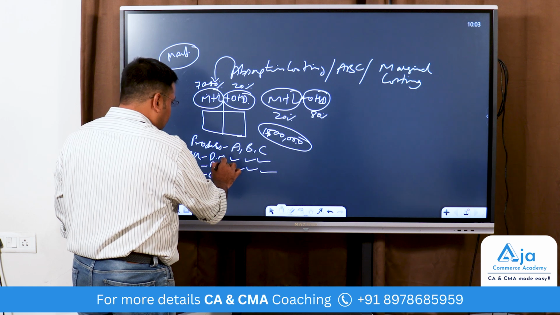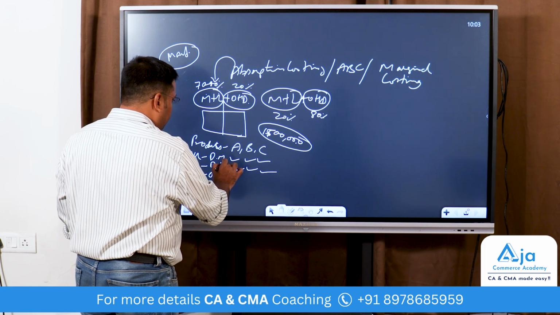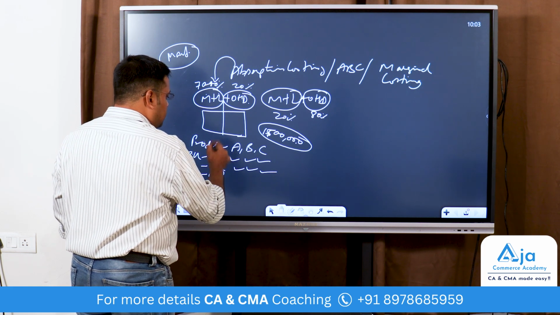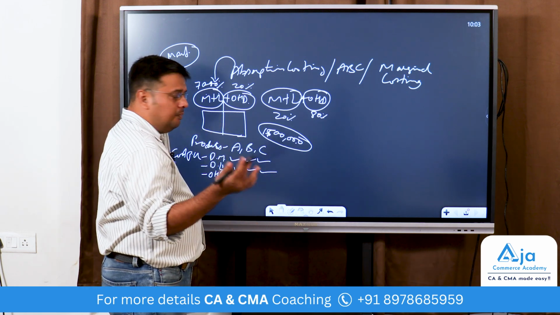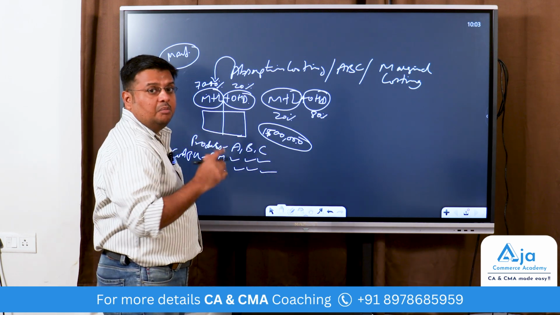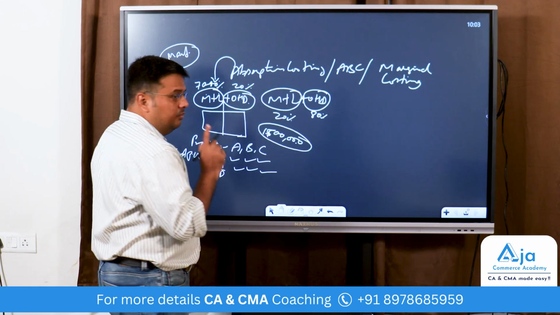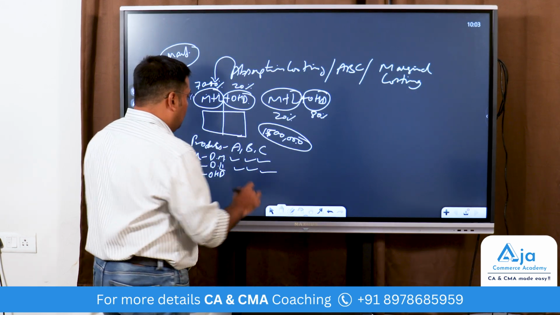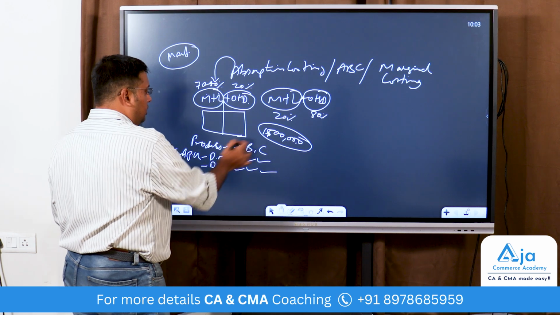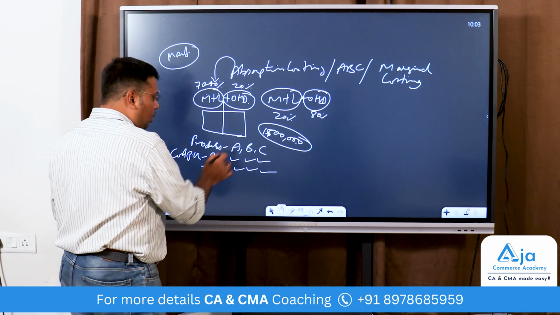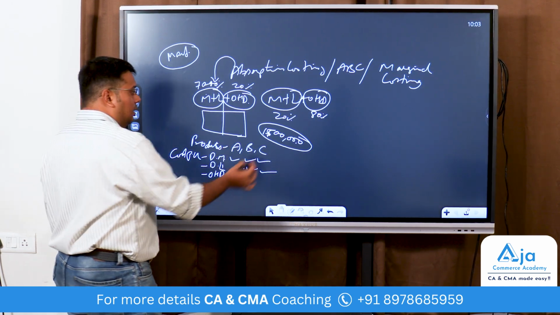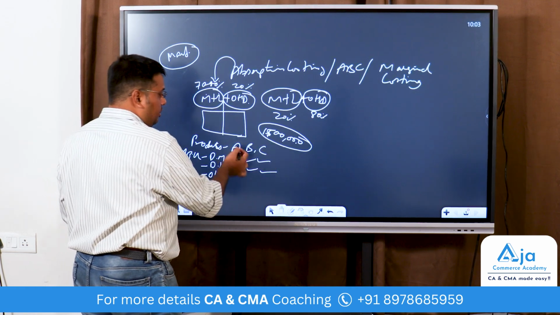I'm going to use these absorption rates of labor, material, say machine hours, however I can link. But remember, all those linkages are very indirect linkages of how I can connect a product to that expense. There is really no way I can say accurately how this 15 lakhs is distributed.